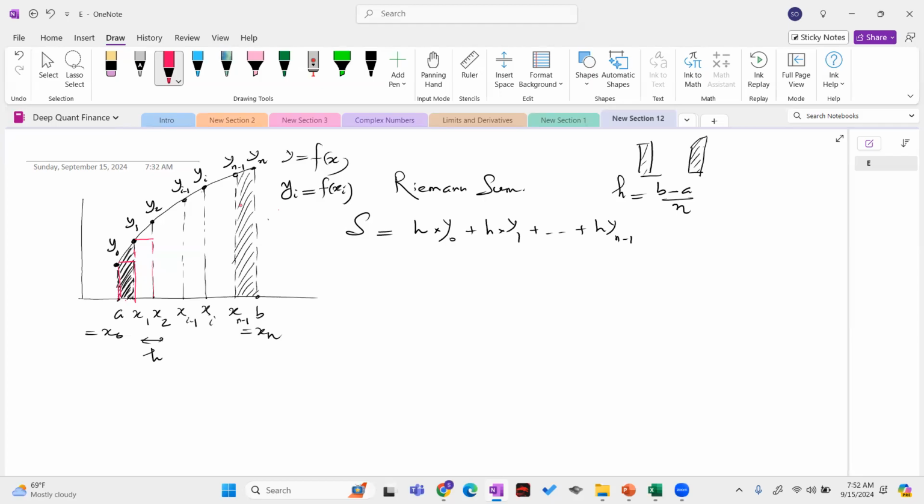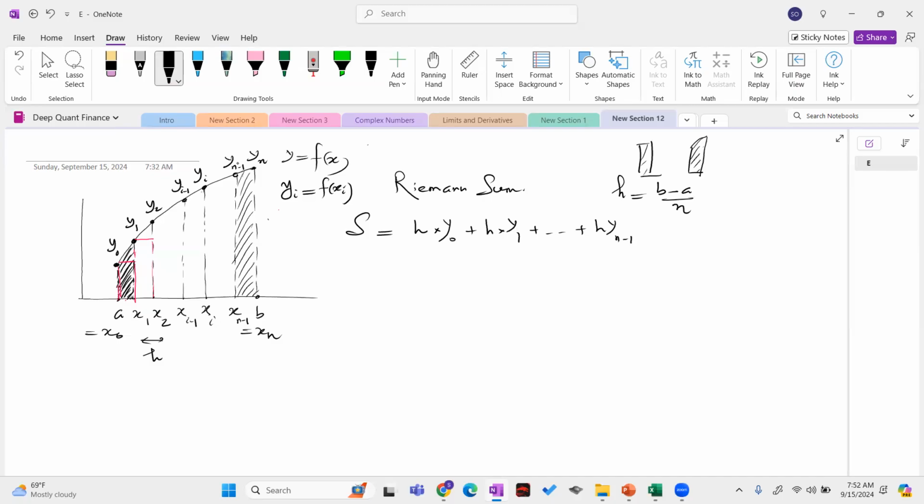Now, question to you: if I use this definition of taking the rectangles, then would I underestimate the area or overestimate the area? Others please participate.